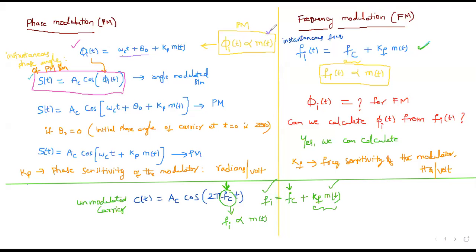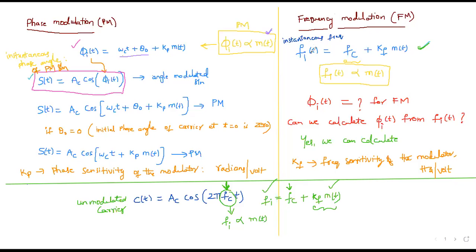This is our interest. But for frequency modulation, that's not the case. The frequency should be varied with respect to the message signal, and hence I have to define what the instantaneous frequency is.